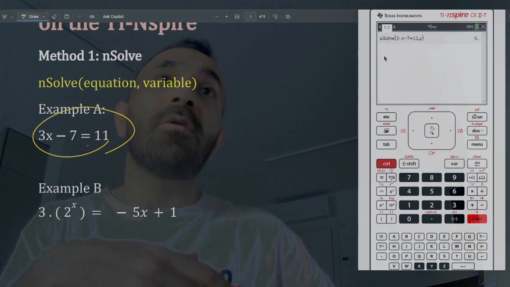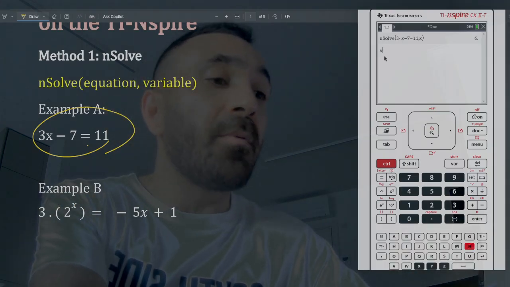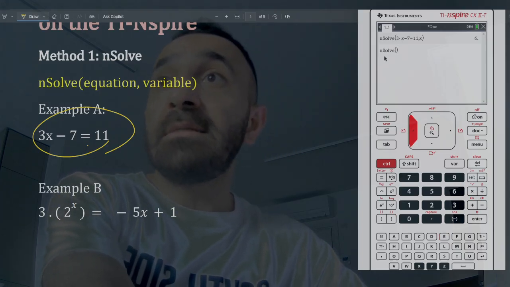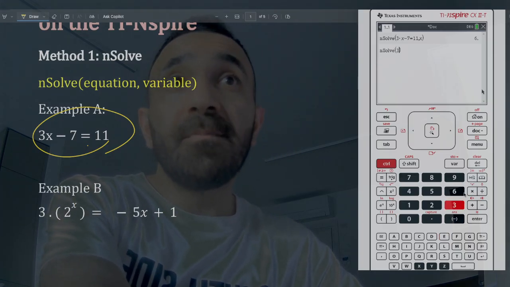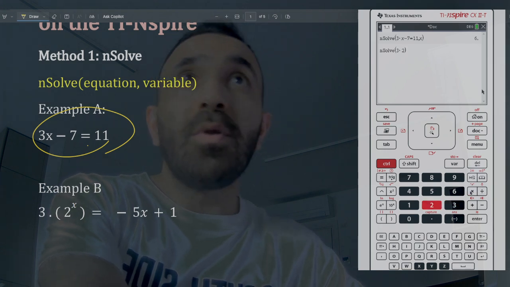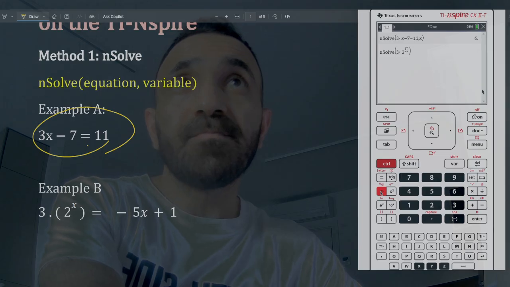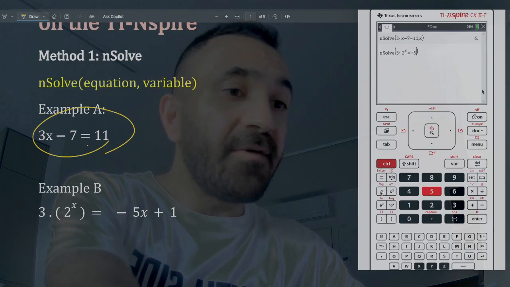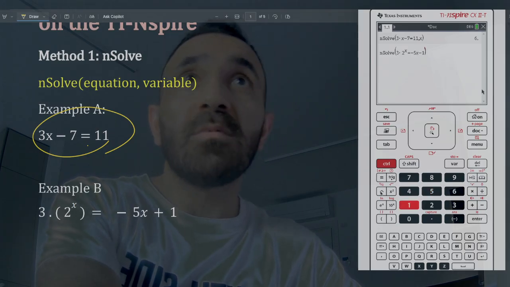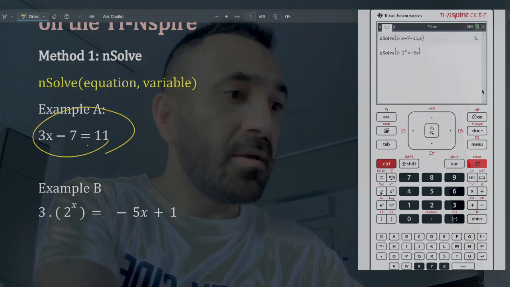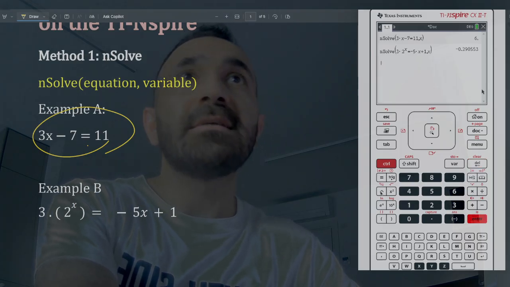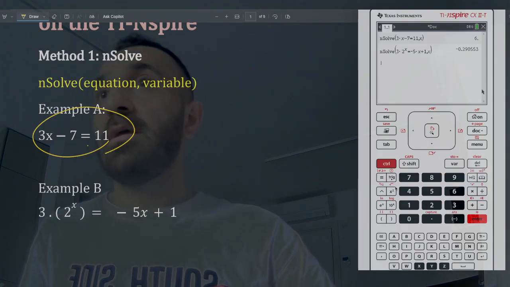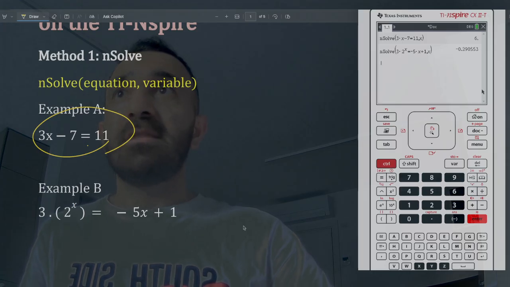This time, instead of going through the menu, I can also type numerical solve, and 3 times 2 to the power of x equals minus 5x plus 1, comma x. Again, the answer is minus 0.29. Okay, that's it.